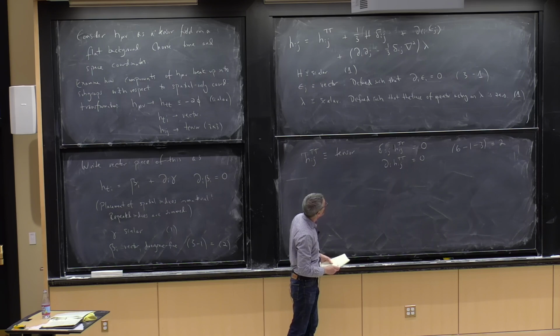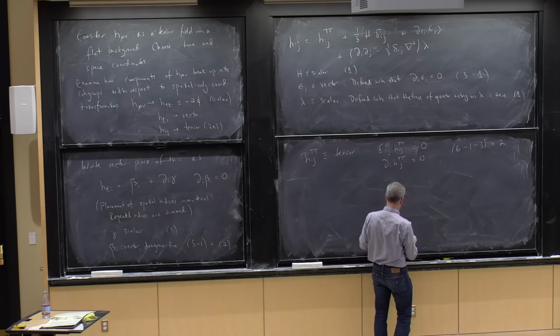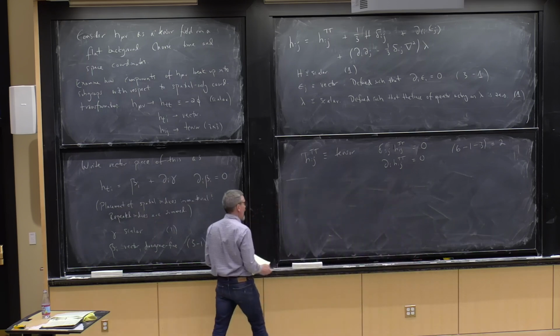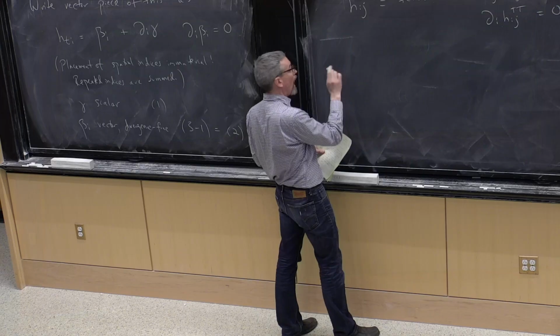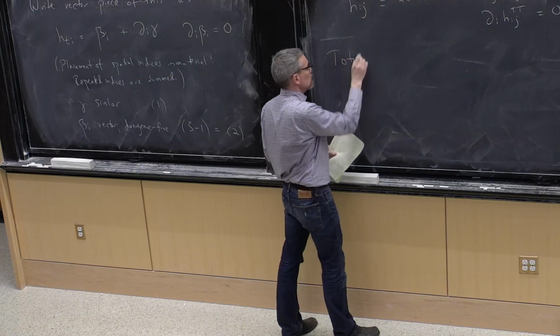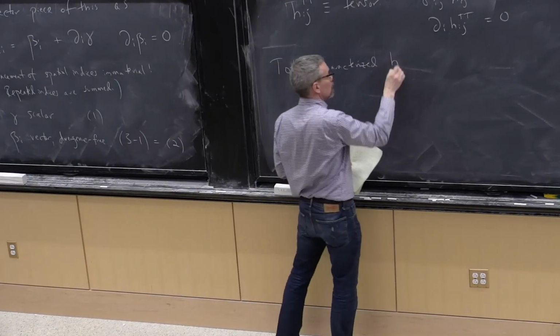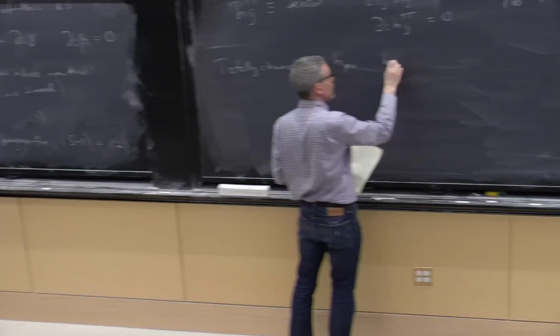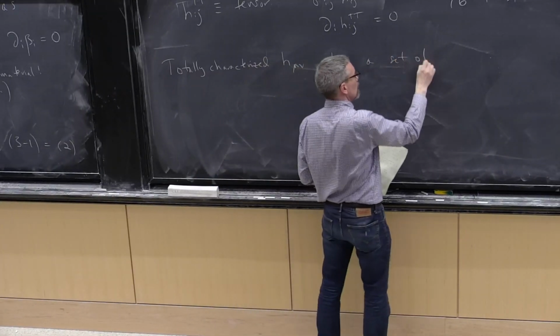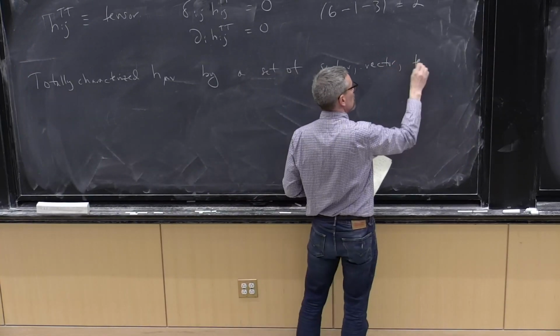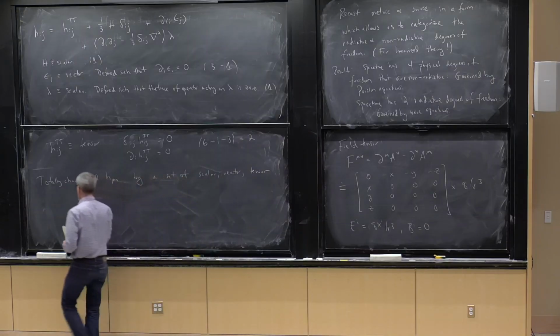So as we sum all these up, let's see, did I miss anyone here? Right. So I have totally characterized h mu nu by a set of scalar, vector, and tensor functions.